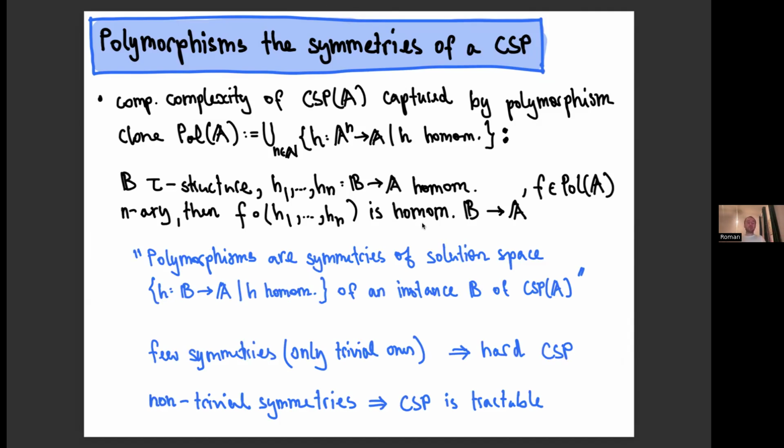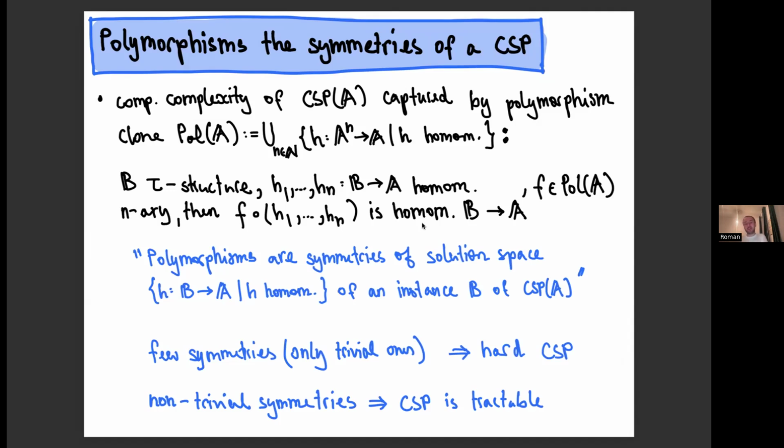And whenever you have symmetry around, you can expect that computational problems will become easier. I mean, if you think of systems of linear equations, then solution spaces of those are highly symmetric. They're just affine spaces.